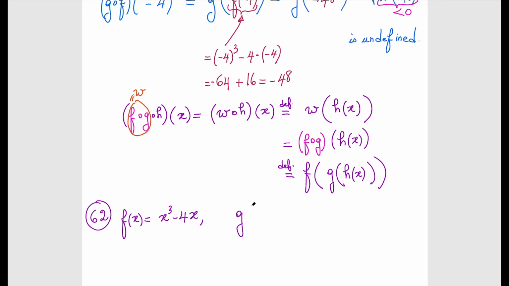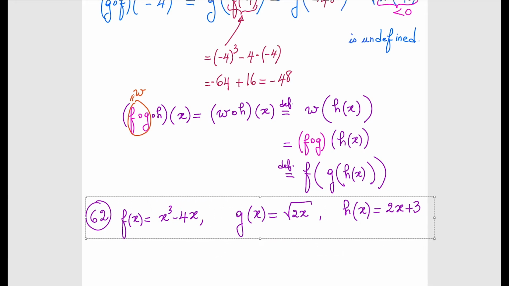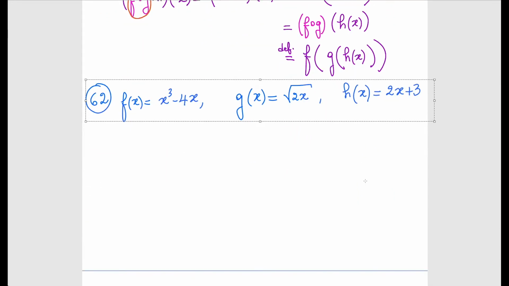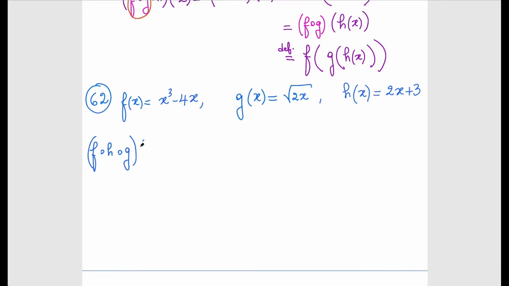We have g of x, which is the square root of 2x. And we have h of x, which is equal to 2x plus 3. Let me keep this writing in blue. So the question is, find f composed with h composed with g at 8.